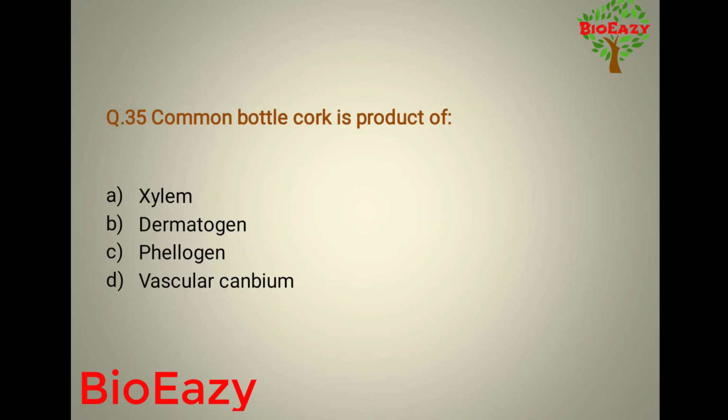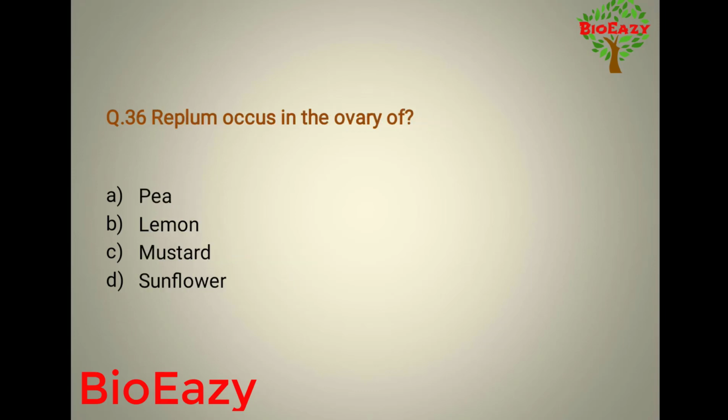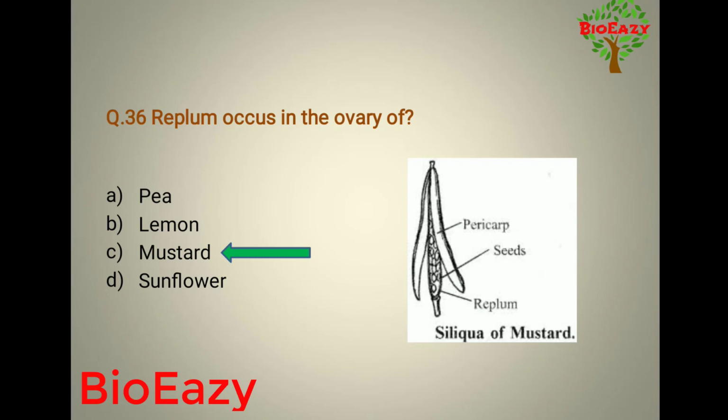Next, common bottle cork is a product of phellogen. Next is the replum occurs in the ovary of mustard. Now you can see this is the replum found in the ovary of mustard.